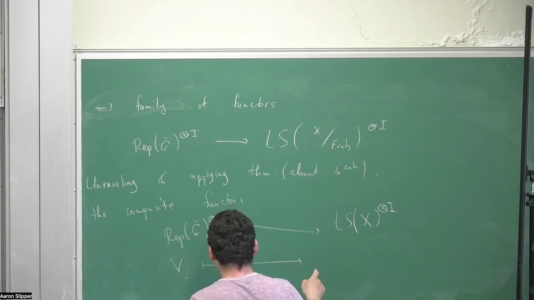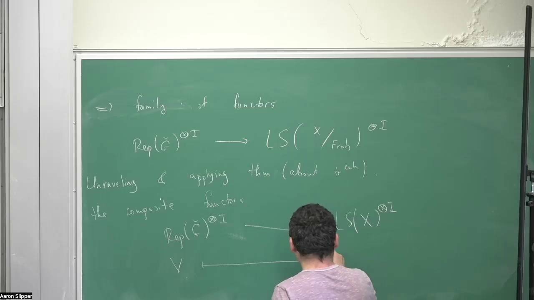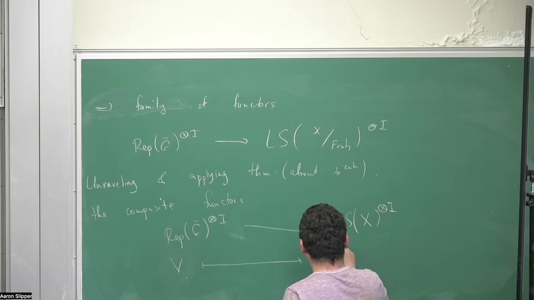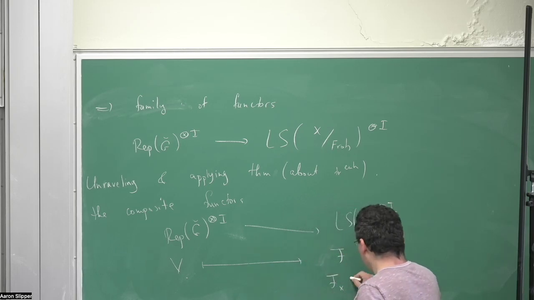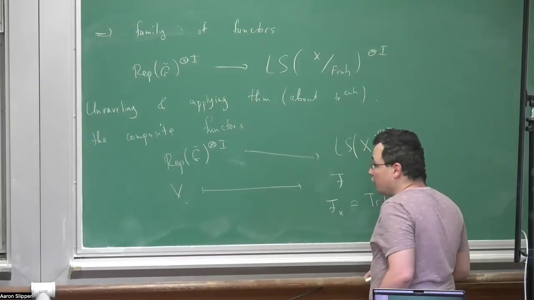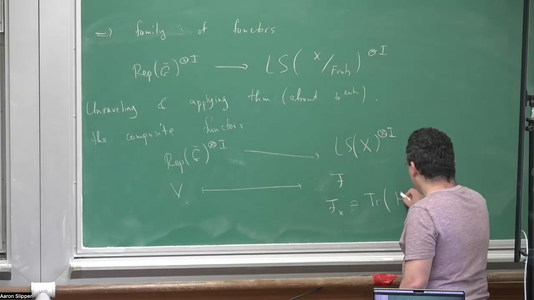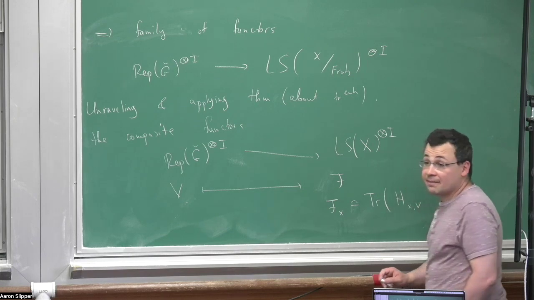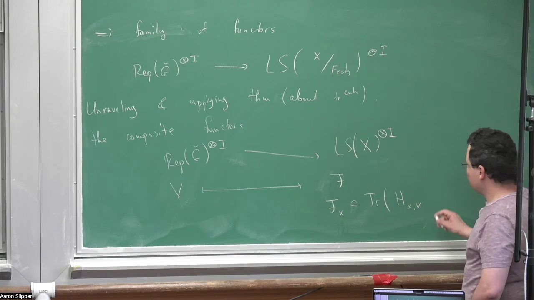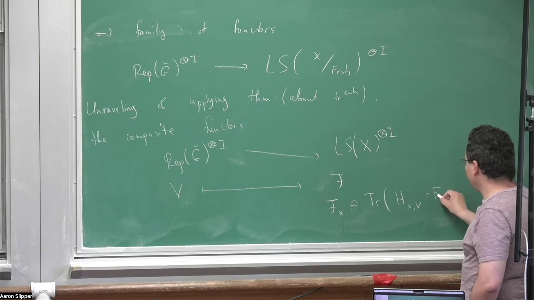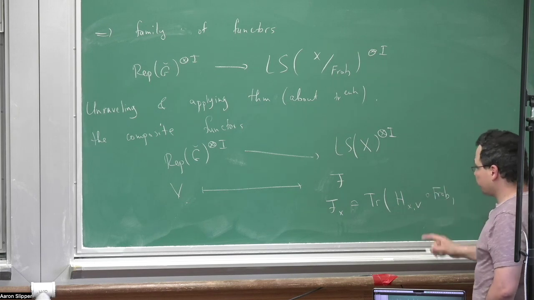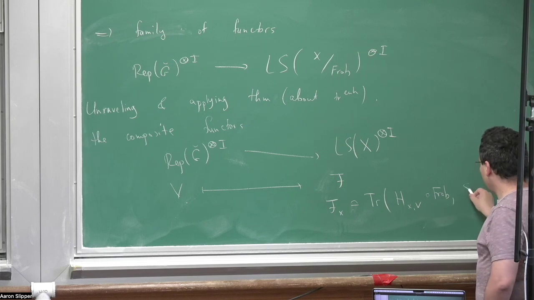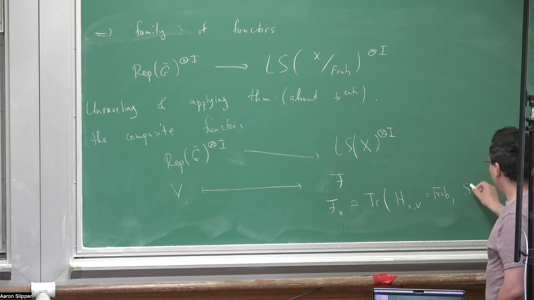But this will be the following thing: some representation goes to, I don't know, X. This goes to some local system where the fiber at X is the categorical trace of the Hecke operator corresponding to X and V, composed with Frobenius, acting on this Sheaves nil.